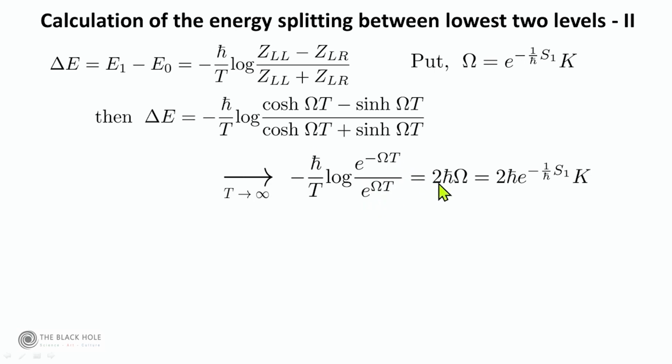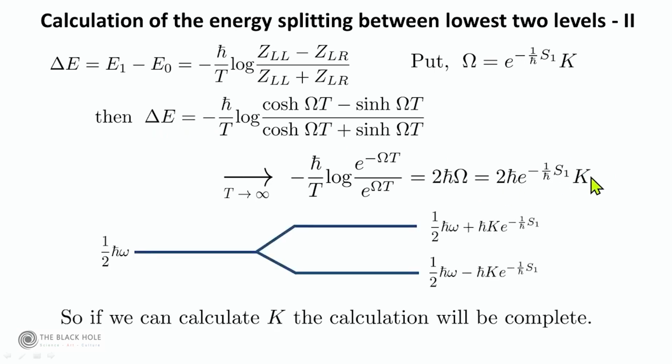Now you take the limit. Log of e to the minus 2 omega t is 2 omega t. You divide by t, so miraculously, the t's have cancelled out. I can now make t go to infinity, no problem. And so I get this result: Delta E is equal to this in terms of K, and we're going to come back to K.